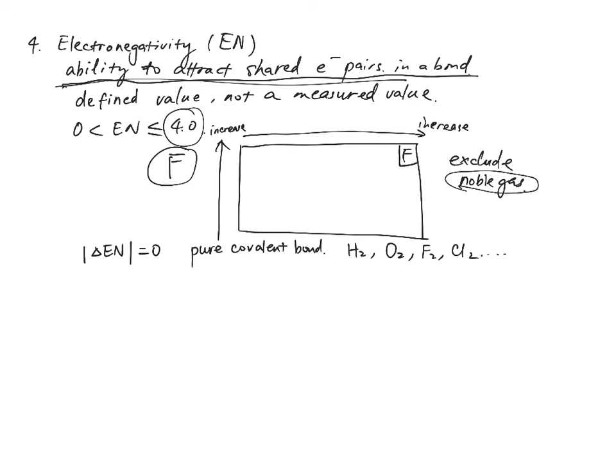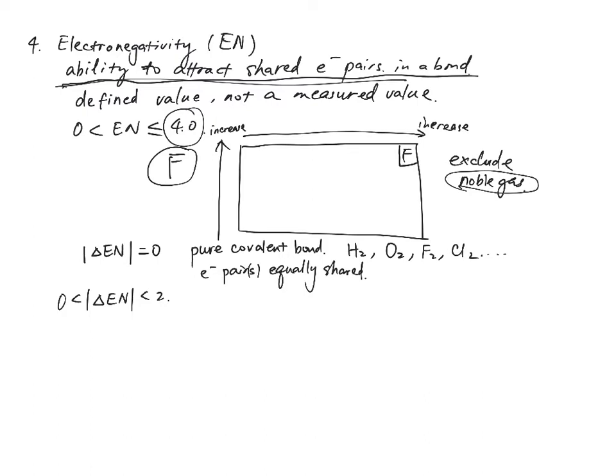In that case, your electron pair or electron pairs are equally shared. Now, the majority of the time when you have two different elements making a bond, you would see the delta EN be a number that's bigger than 0.